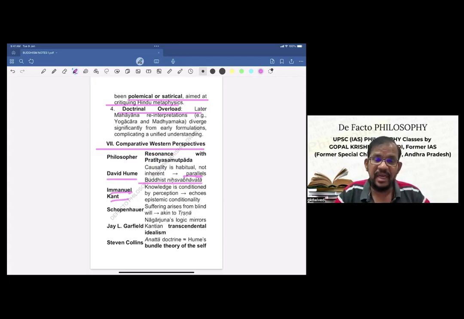Schopenhauer, suffering arises from blind will, akin to Trishna. Then Fields, Nagarjuna's logic mirrors Kantian transcendental idealism. So this is what Fields has found. Then Stephen Collins, Anatta doctrine and Hume's bundle theory of self are in a way the same.